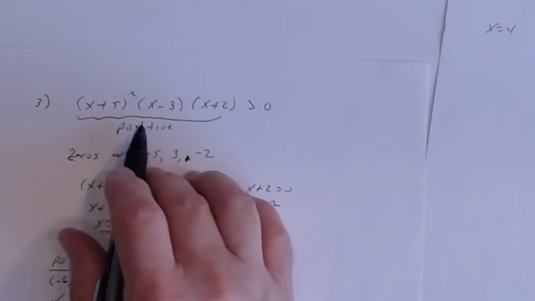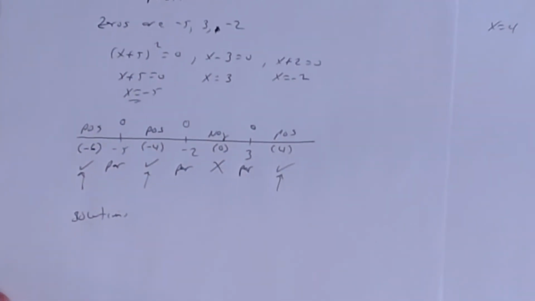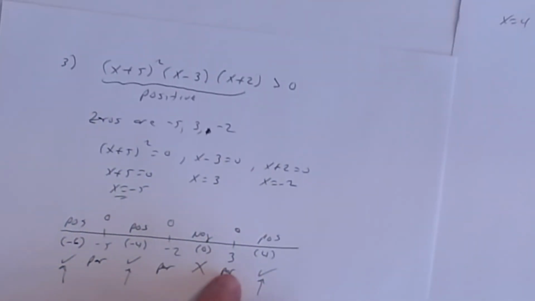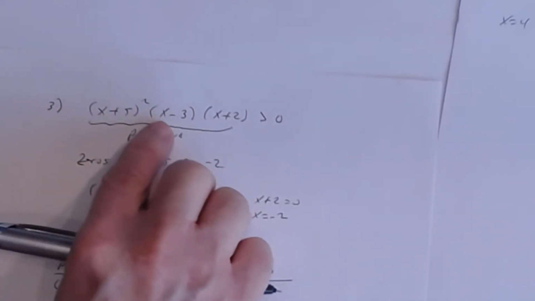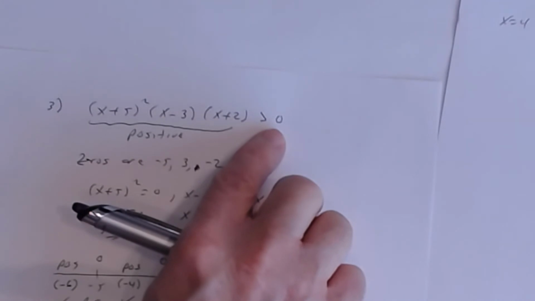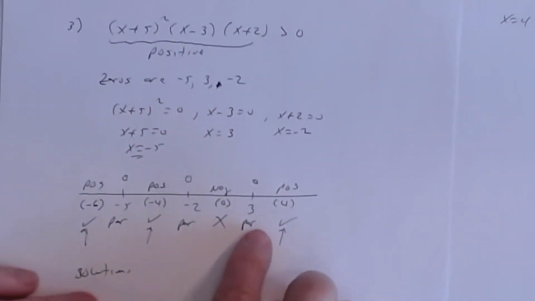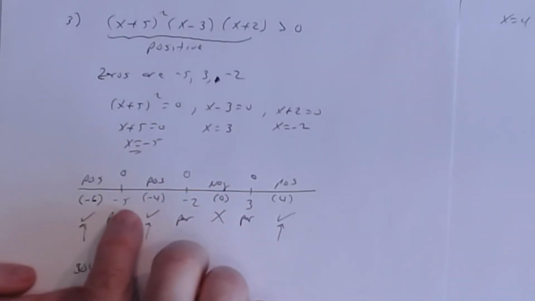They're not solutions because there's no equal sign here. You see, when you substitute, let's say 3, 3 minus 3 is 0. 0 times all of this is 0, but is 0 greater than 0? The answer is no.